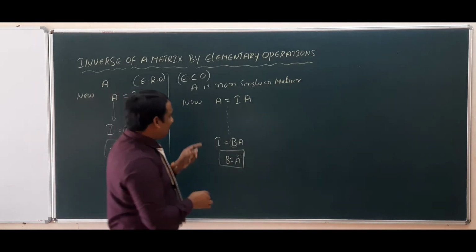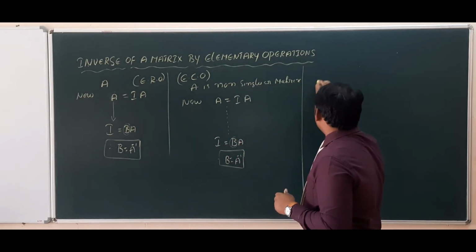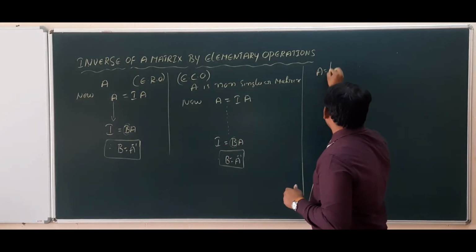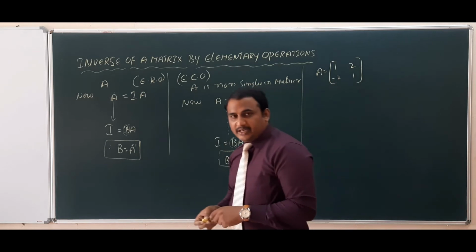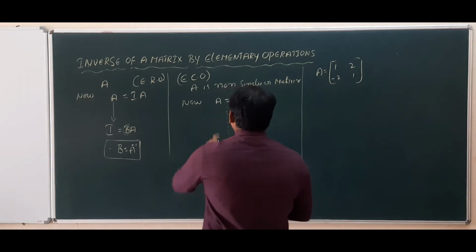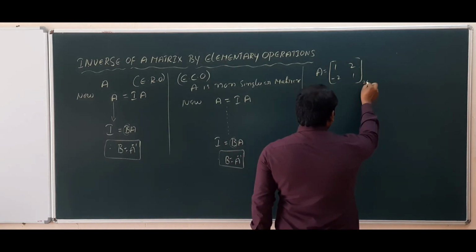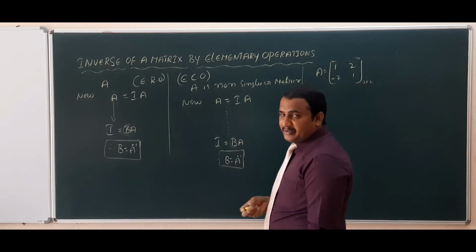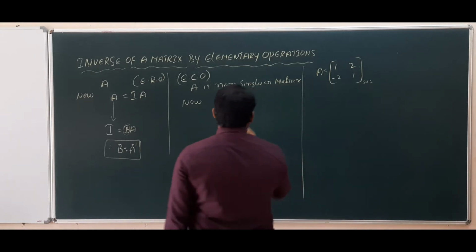Now we will see one example of how we apply elementary operations. Suppose A equal to [1 2; minus 2 1]. What do you have to take first? A is a non-singular matrix. Here this is a 2 by 2 matrix; find AD minus BC, and if it is not equal to 0, then it is non-singular; otherwise singular, you can check.